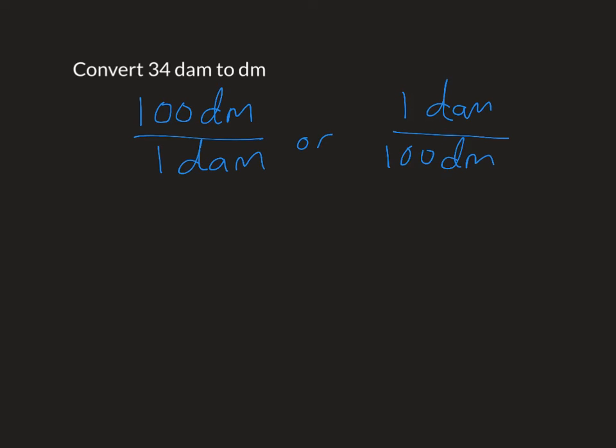Those are our 2 unit conversion factors. In the problem, we're told that there's 34 decameters that we want to convert. So we just have to figure out which setup we want to multiply by. As per before, every time I'm trying to get rid of this, which means I want decameters to show up on the bottom here so that it's on opposite sides of this line. So I'm going to have my 100 decimeters on top and my 1 decameter on the bottom, which will get my decameters to cancel out.